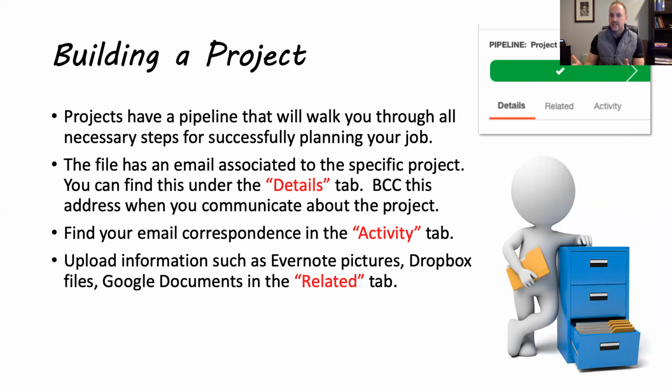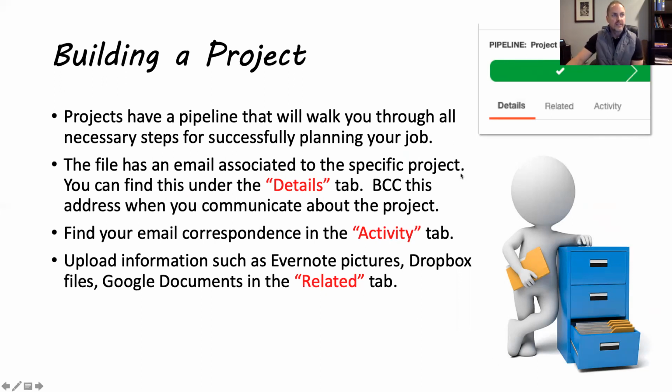All of those pieces will follow within that project, and each segment of that pipeline will walk you through from start to finish with that particular project, even encompassing things like change orders. If you have a change order, there's a segment that says, hey, what else was added to this, and what other documentation do we need?